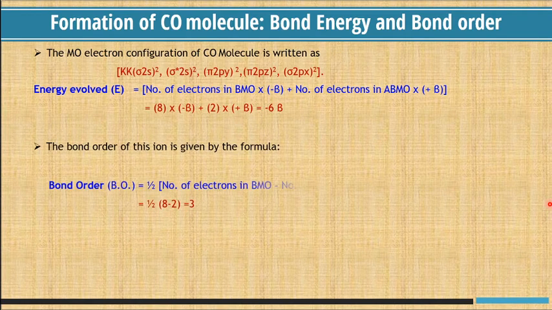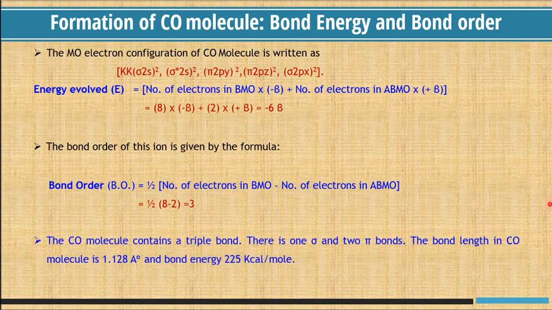The bond order of this molecule is given as 1/2 into bracket 8 minus 2, that is equal to 3. Carbon monoxide contains a triple bond, with 1 sigma and 2 pi bonds. The bond length in carbon monoxide is 1.128 angstrom and bond energy is 2 to 5 kilocalories per mole.